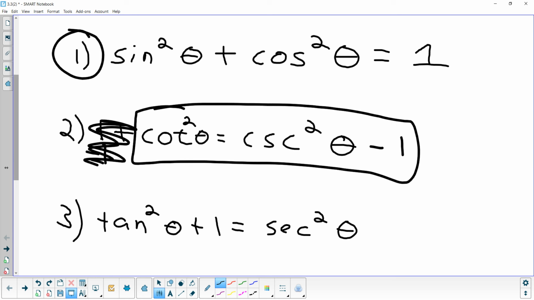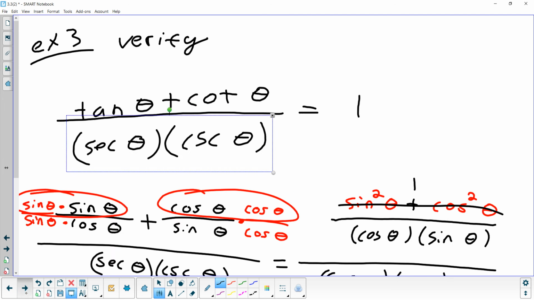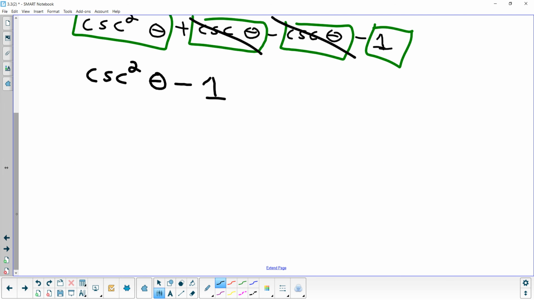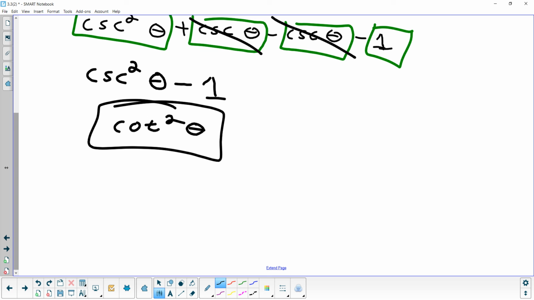This formula says that cosecant squared minus 1 automatically turns into cotangent squared. So cosecant squared minus 1 turns into cotangent squared. All right, let's write that down. I changed cosecant squared minus 1 into cotangent squared using the Pythagorean identity.